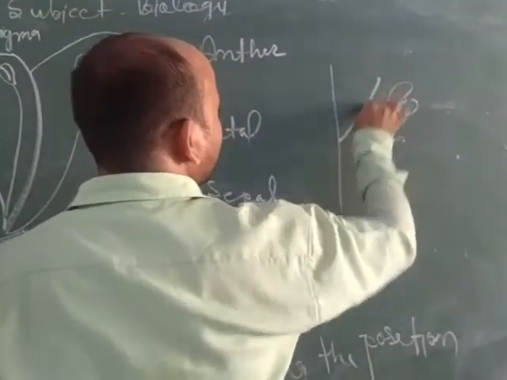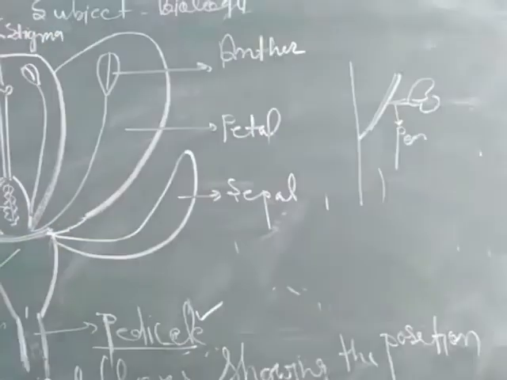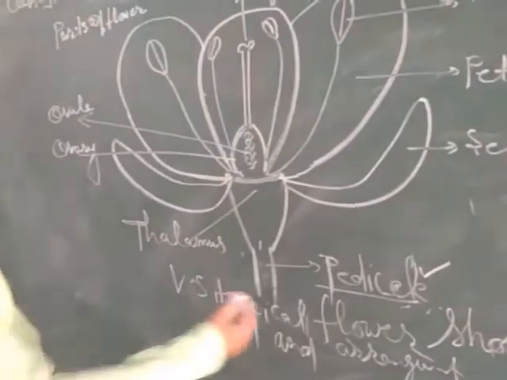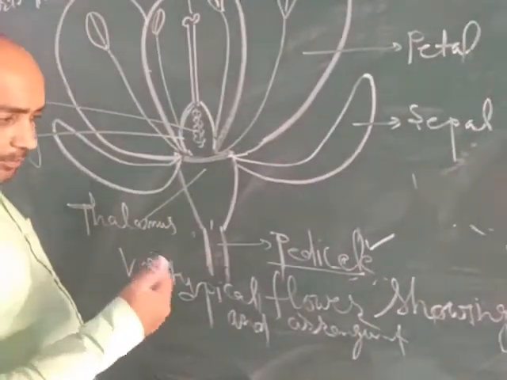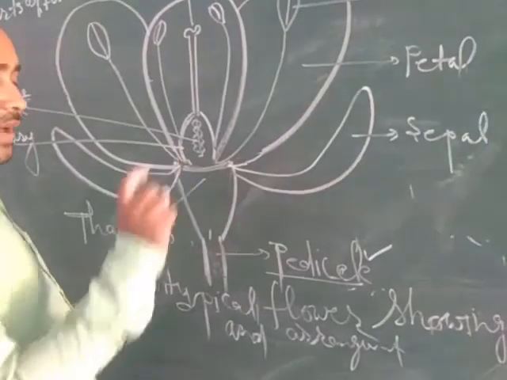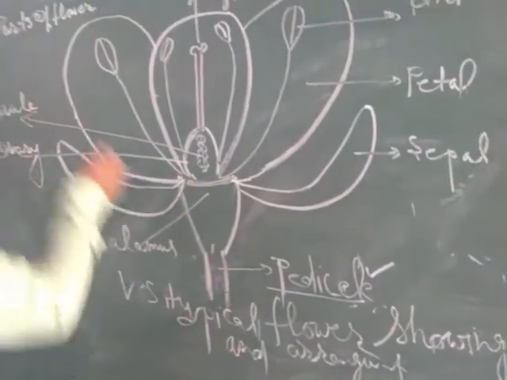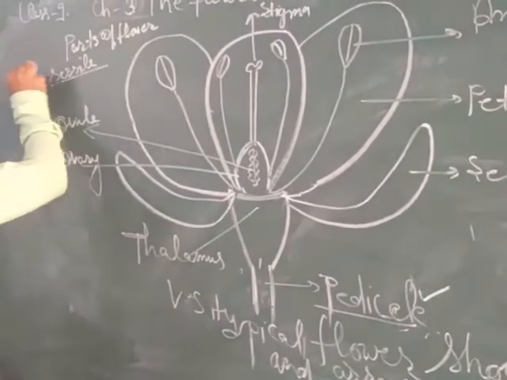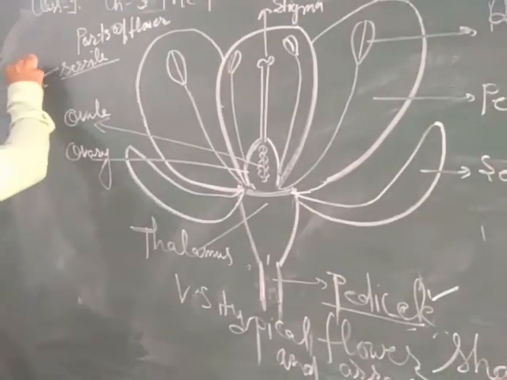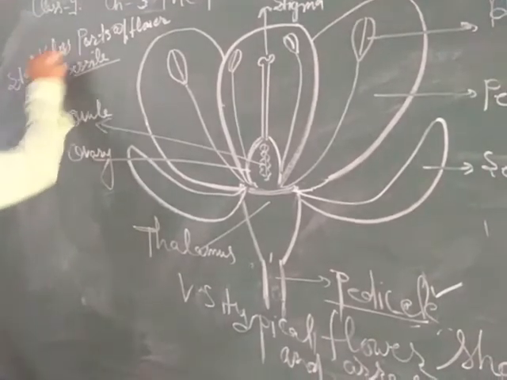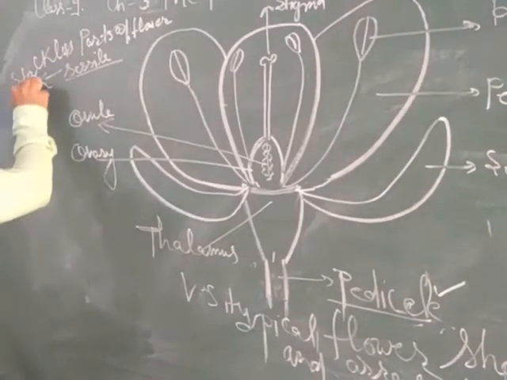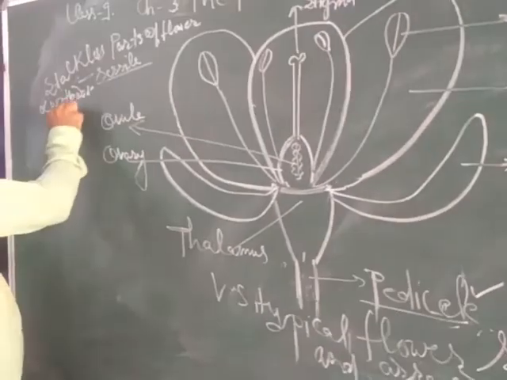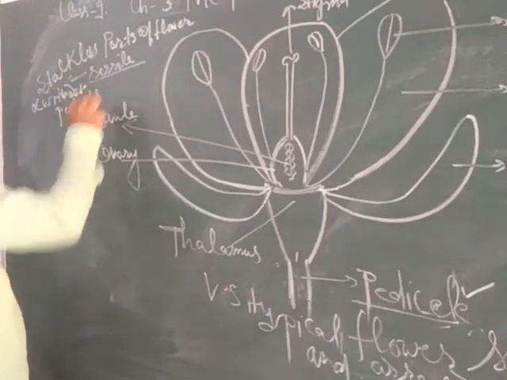A flower with pedicel is called a pedicellate flower, but a flower without pedicel is called sessile, which means stalkless.